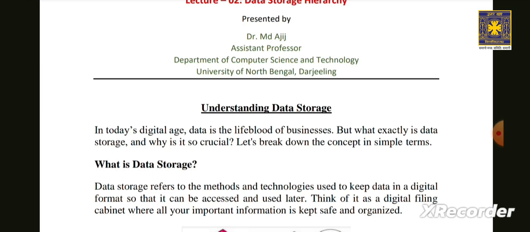Just like you can open a drawer and pull out a paper whenever you need it, digital storage allows us to save and retrieve information easily whenever we need it. This keeps everything safe, organized, and ready for use at any time.